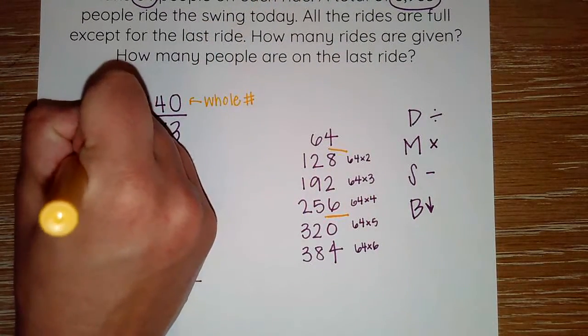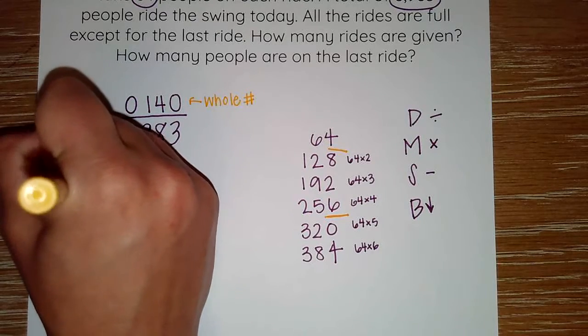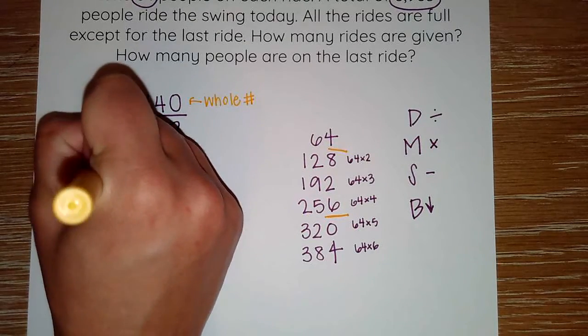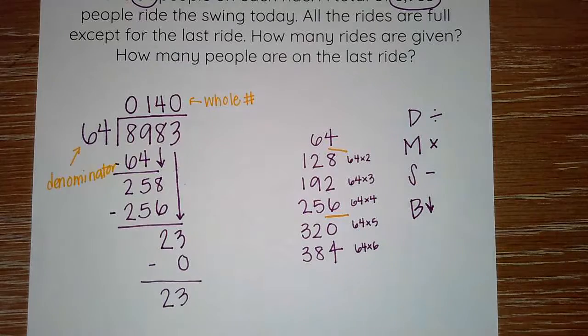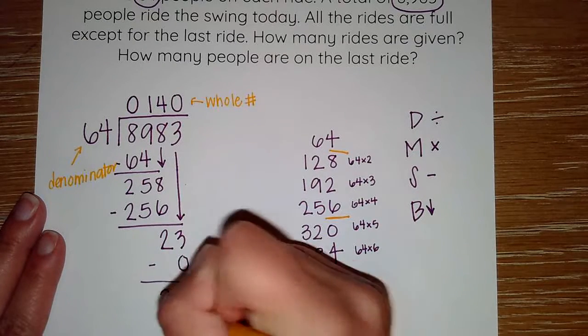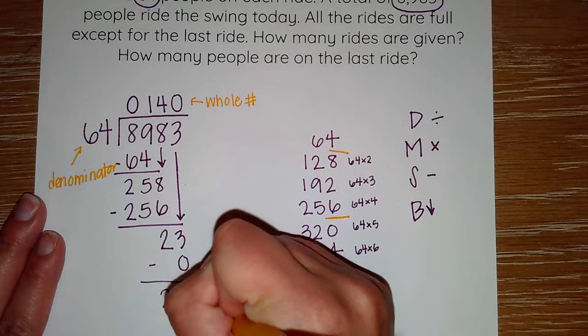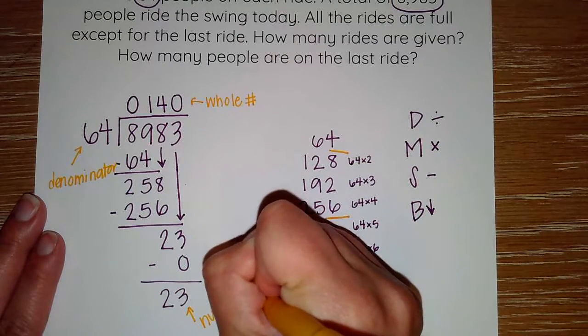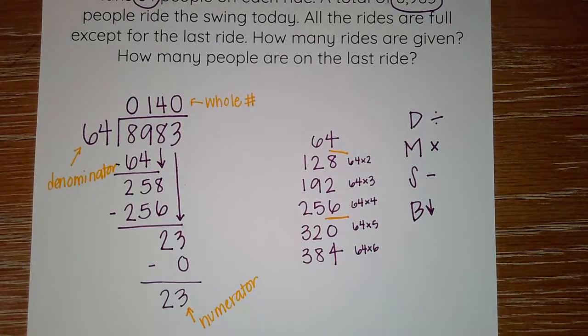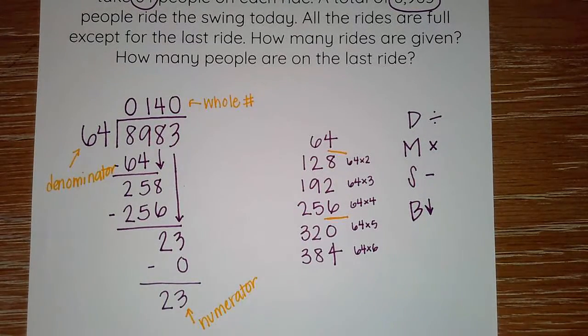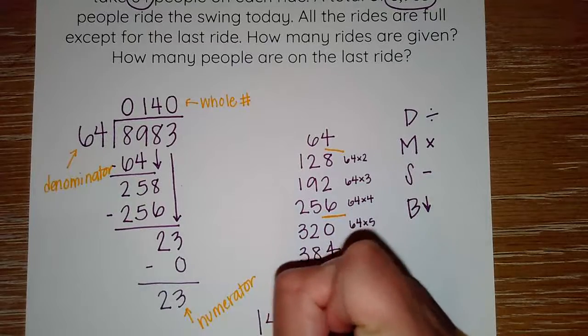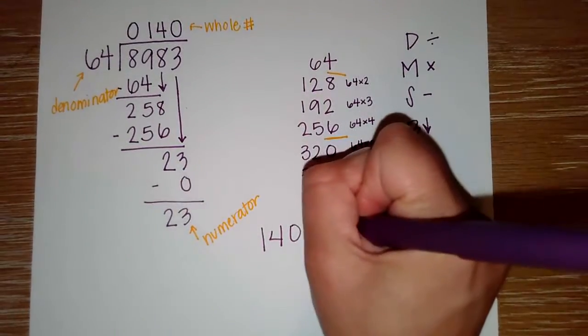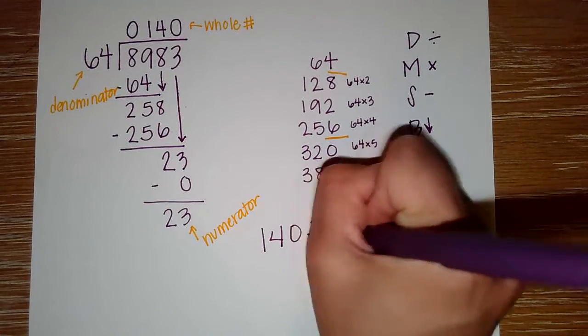This is my denominator because that's my number of groups and that did not change. It's not going to change. I still have 64 in a group. And then I have 23 left over, so that's my numerator. So writing this as a fraction would leave me with 140 and 23/64.